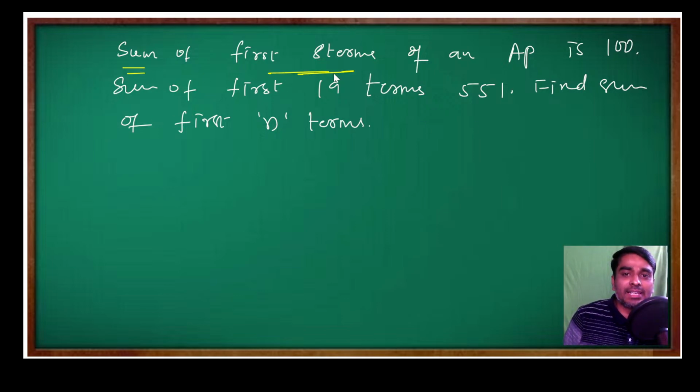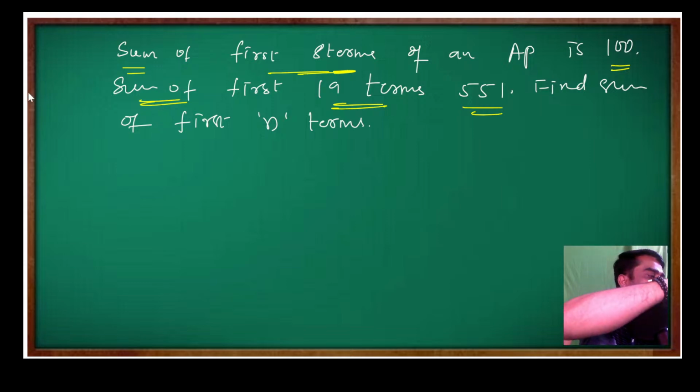Let's get back to this. Sum of first 8 terms is 100. Sum of first 19 terms is 551. So two statements you will write. Sum of 8 terms.